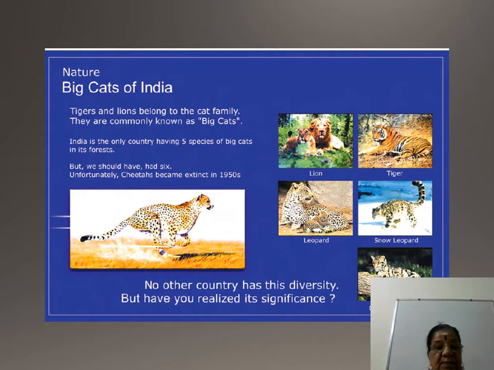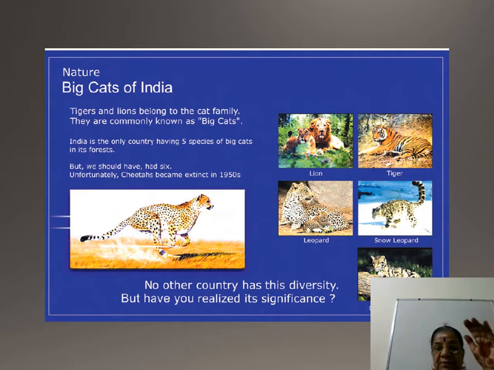These are the main topics you need to learn in conservation of plants and animals. First, deforestation and its consequences. Biodiversity, and under it the ecosystem, terrestrial ecosystem and aquatic ecosystem.